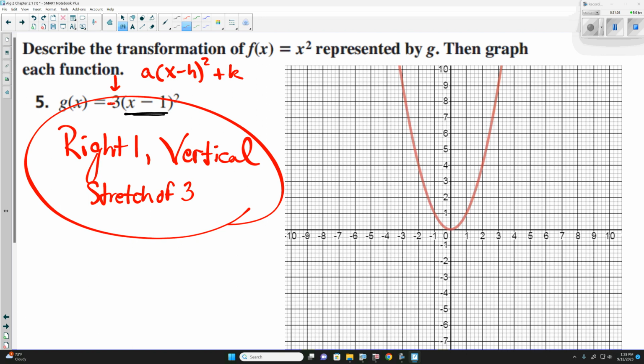Right, if the 3 out here was negative 3, then it would have also been a reflection across the x-axis. If the negative had not been here, but had been here, it's y. So if we had parentheses negative x minus 1, it would have been right 1 and then a reflection across the y-axis.